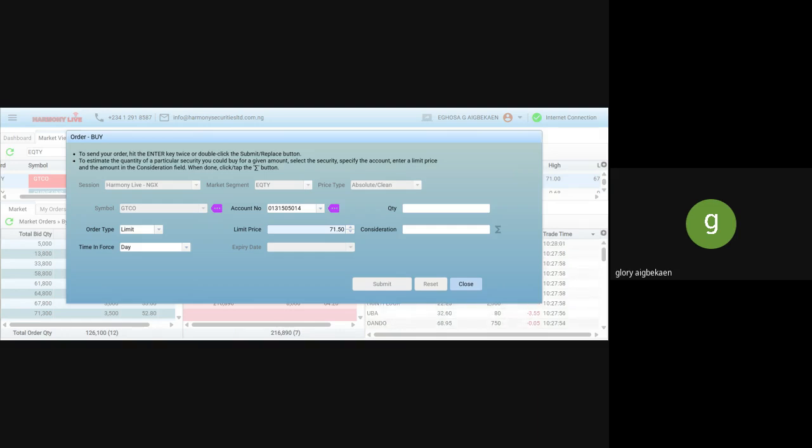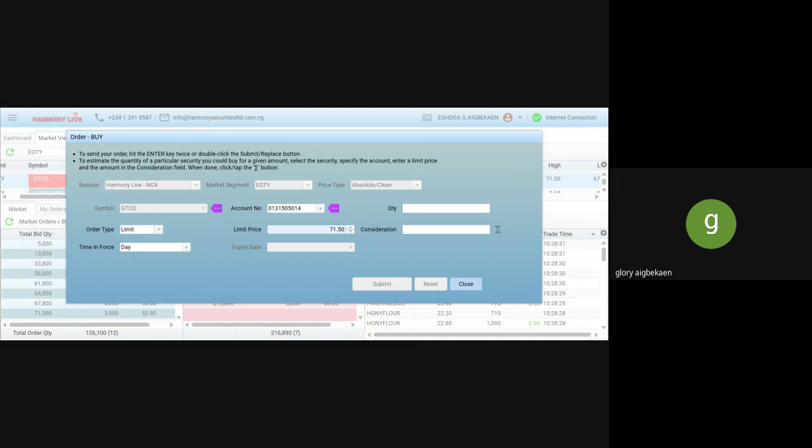It will be 64.35 naira, 64 naira 35 kobo. That's the lowest you can bid for the day. Then the highest you can bid is 71.5 times 1.1. That's 78 naira 65 kobo. You can't bid higher than that.